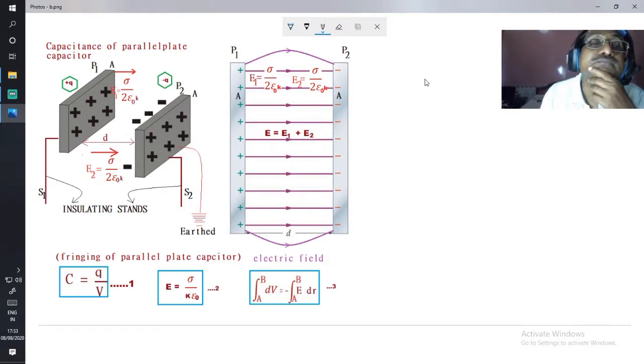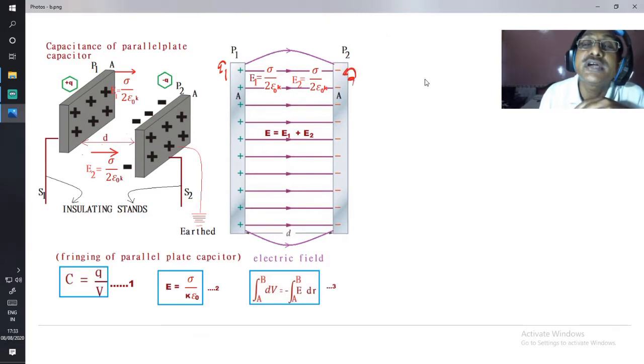Okay, let us suppose charge Q1 be given to the plate P1 and charge Q2 be given to the plate P2.